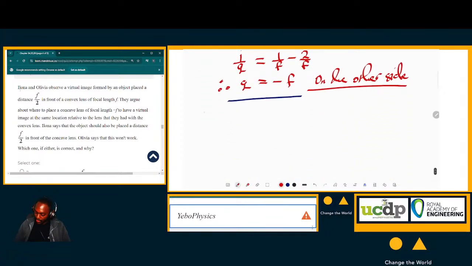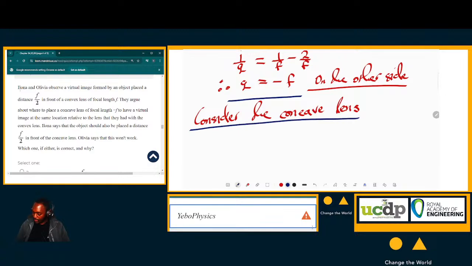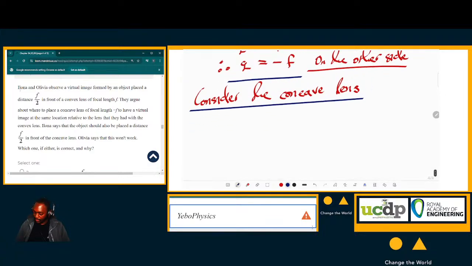So let's consider the concave lens where your f, focal length, is negative. So it's going to be 1 over negative f equals 1 over p plus 1 over q.